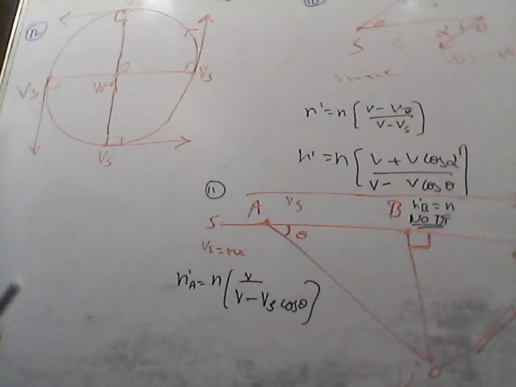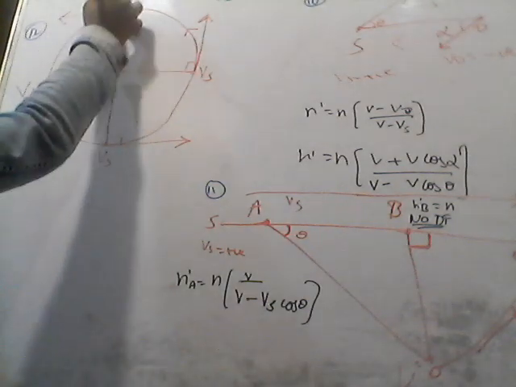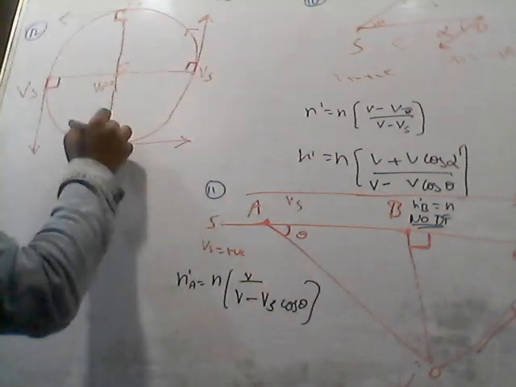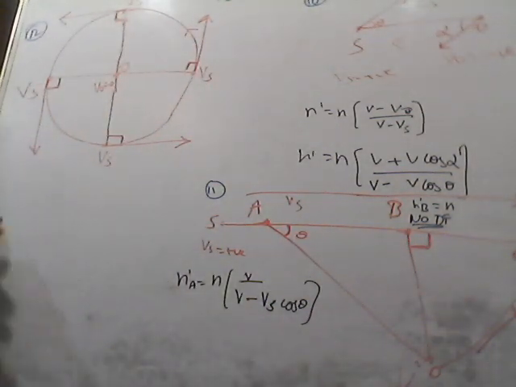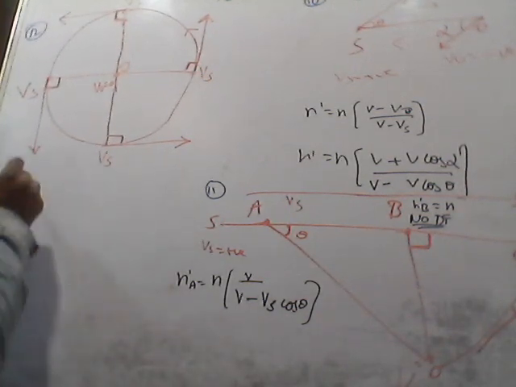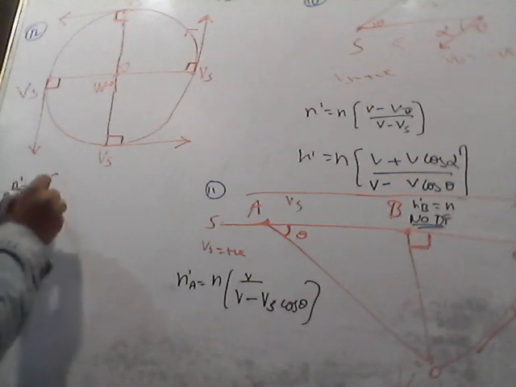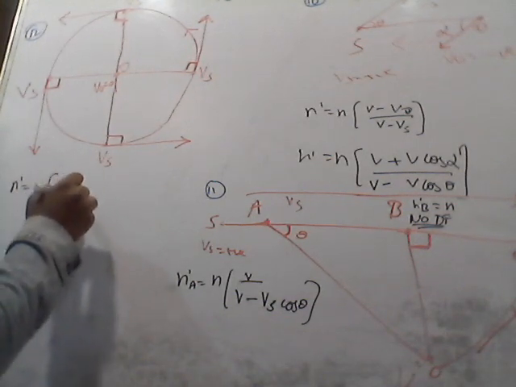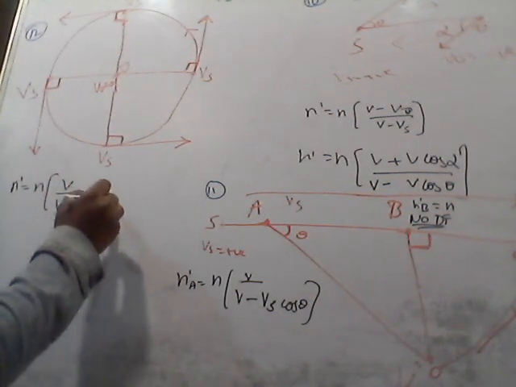Now when this is becoming 90, can I say here again Vs cos 90 will come into the picture? N dash is equal to N into V by V minus Vs cos 90.